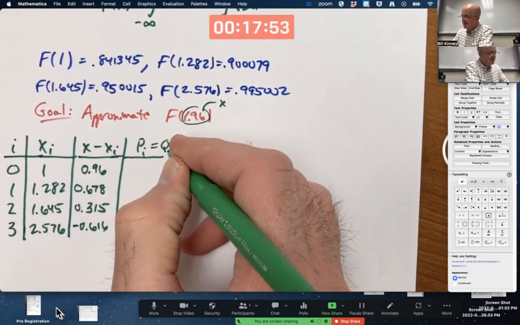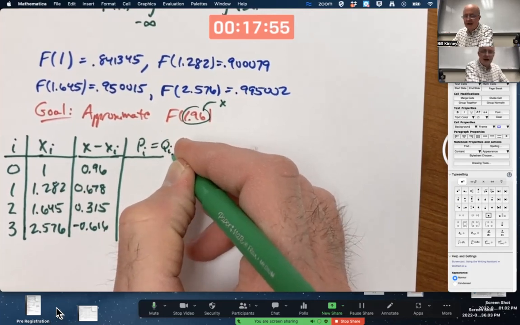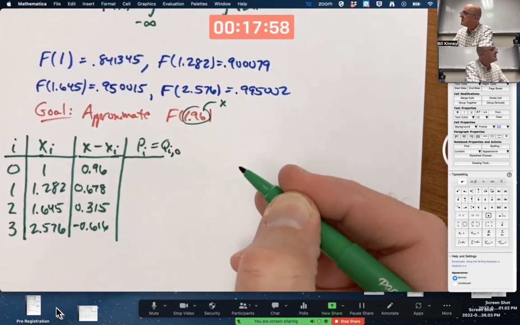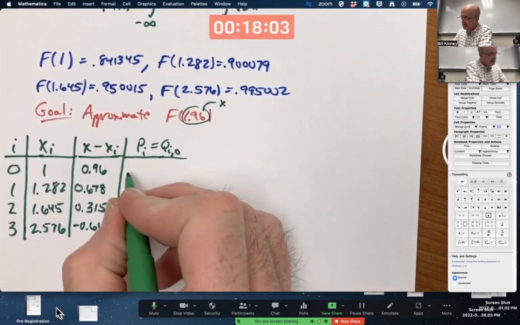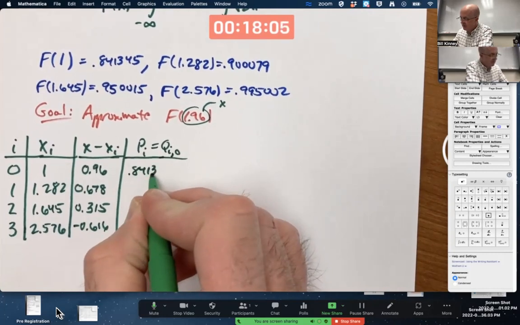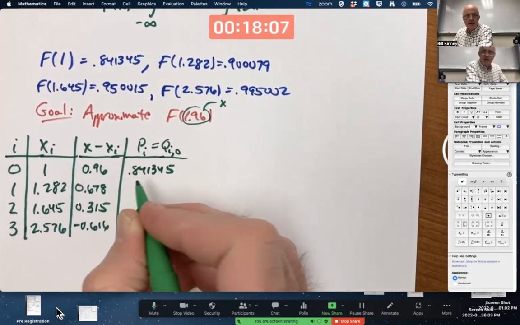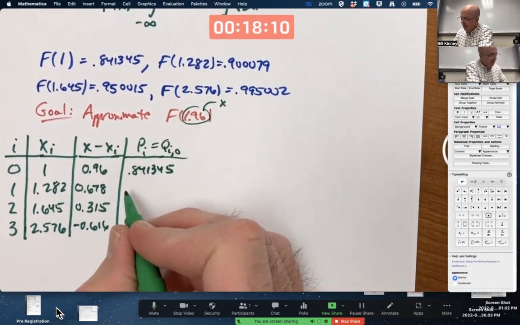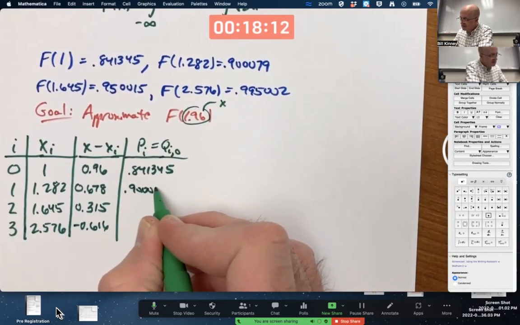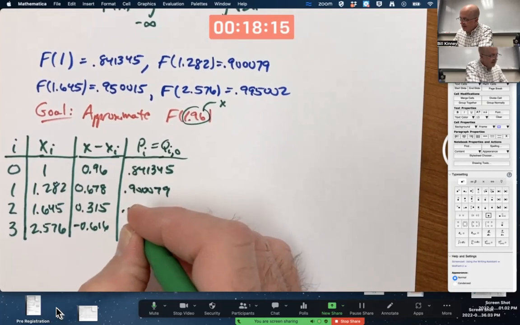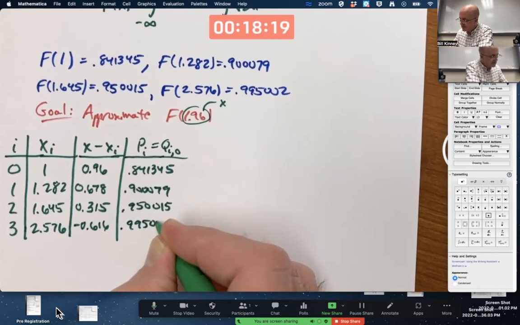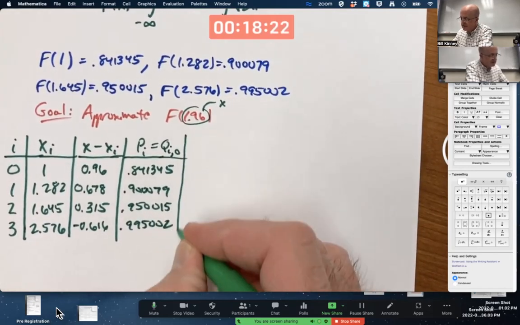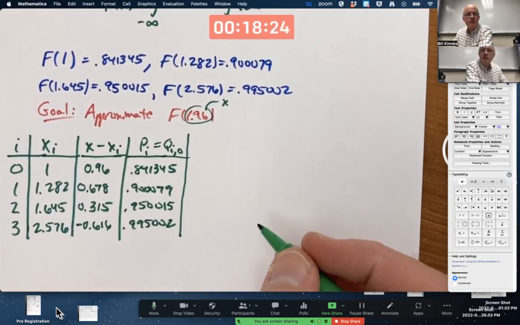I think it would be row i, column 0. We start the labeling with zeros. Just the data. Again, this would be 0.841345, looking up at the numbers up here. Then 0.900079, 0.950015, and 0.995002. Those are easy. Just the outputs of the function that we're given.